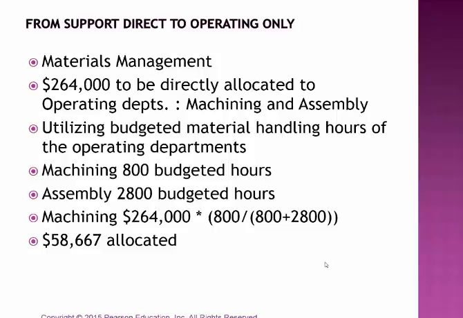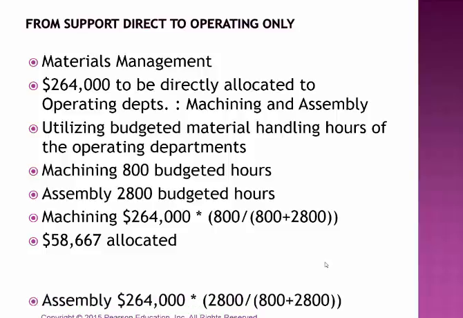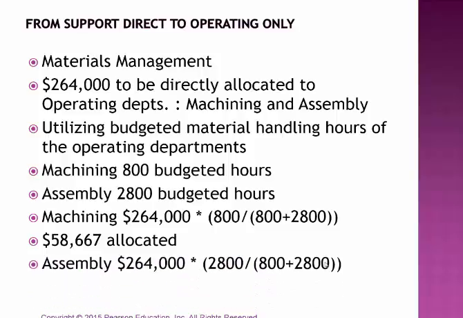Assembly. Okay, so 264,000 minus that, or again, spelling it out formula, 2,800 over 3,600 equals a percentage. Multiply that times 264,000 to give you 205,333. Fairly cut and dry. Direct. Skip the other service or support departments. Do not try to show that relationship.